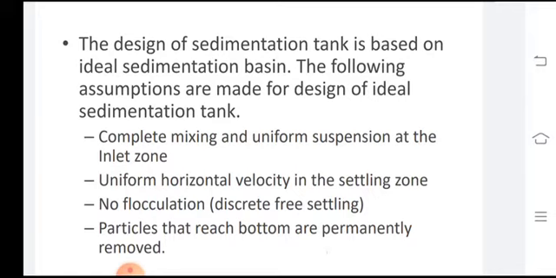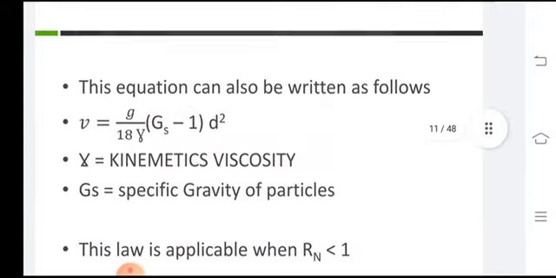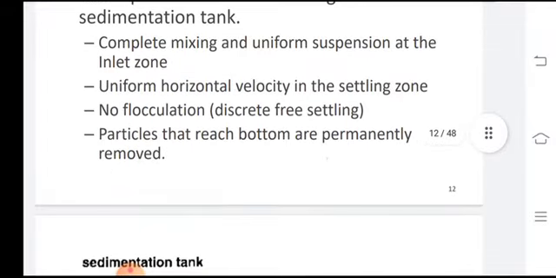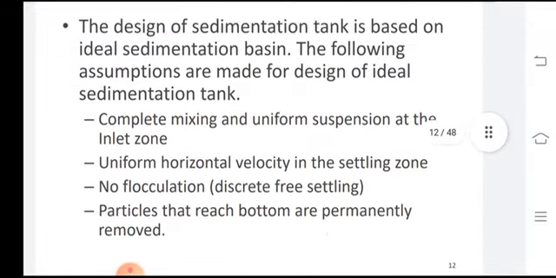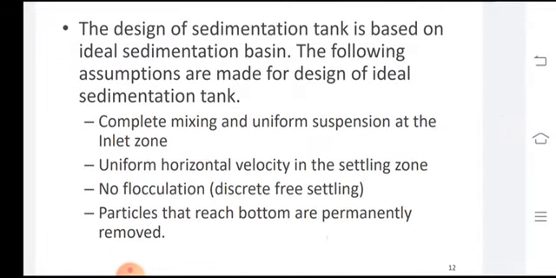So how can we determine the settling velocity? We have already checked it in the form of Stokes law. The design of the sedimentation tank is based on the ideal sedimentation basin. There will be some assumptions which are important for the design of this tank.